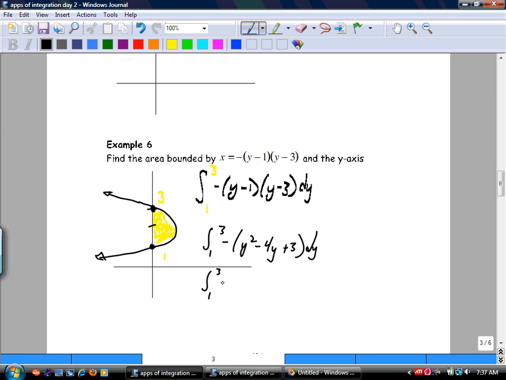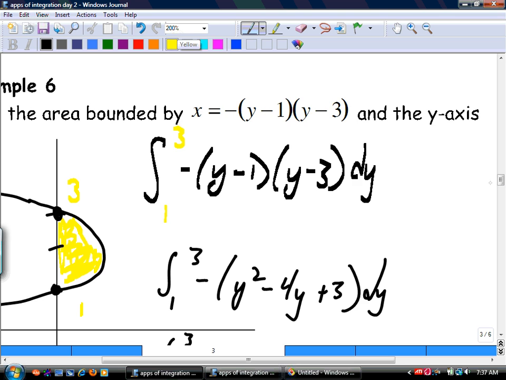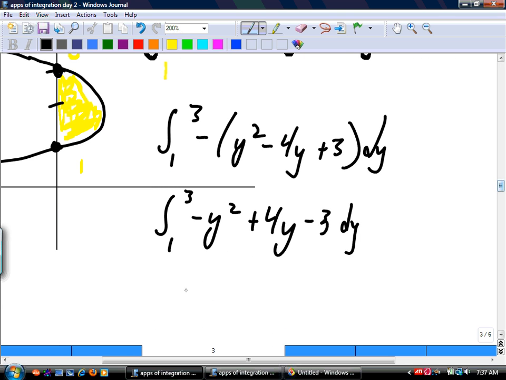Multiply it in, okay. So now you take the antiderivative. So negative y cubed over 3 plus 2y squared minus 3y.